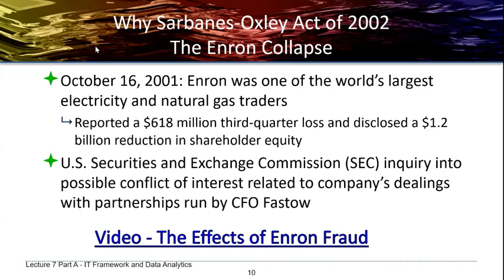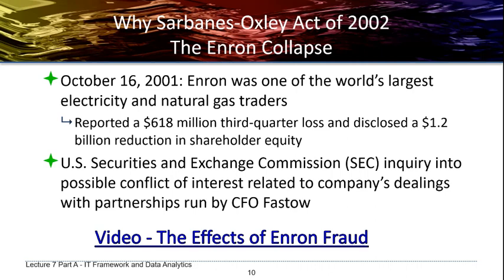If the Sarbanes-Oxley Act of 2002 had been implemented, this type of collapse, the Enron collapse, would not have happened. Because there was no transparency or accountability in the whole organization.